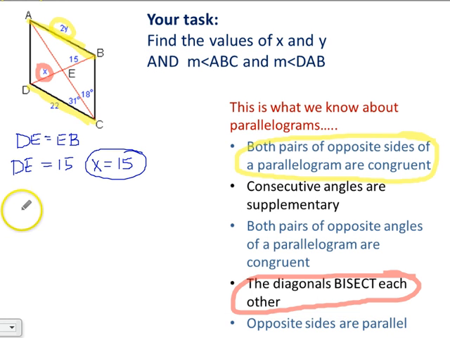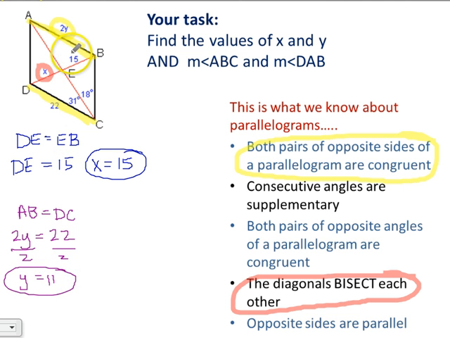So we know that side AB has to equal side DC. We know that side AB is represented by 2y and DC is 22 units. So we can solve for y now by dividing each side by 2. Y would equal 22 divided by 2 is 11. So we were able to solve for y. So y would equal 11.